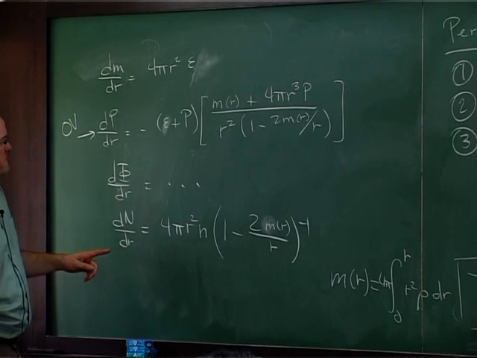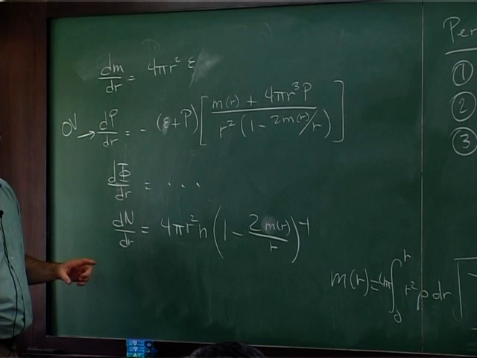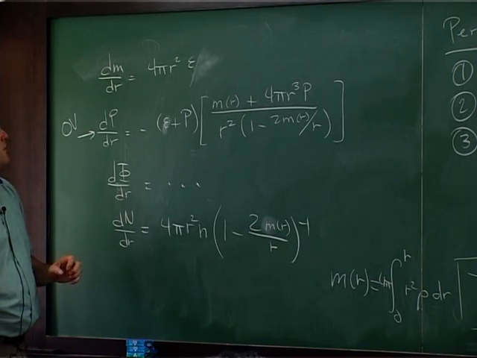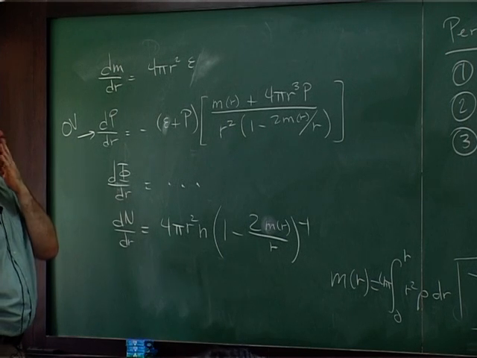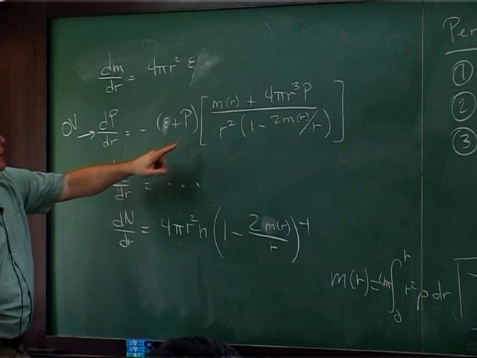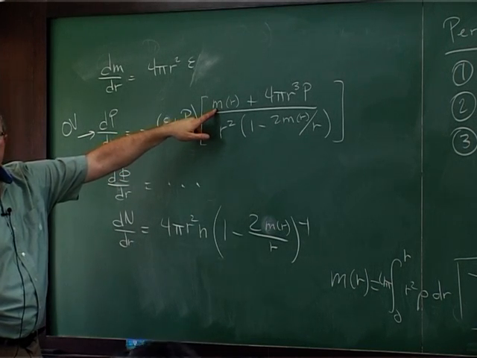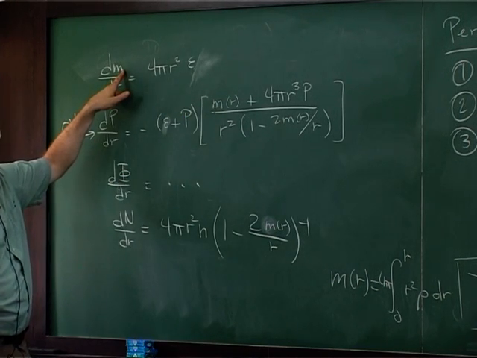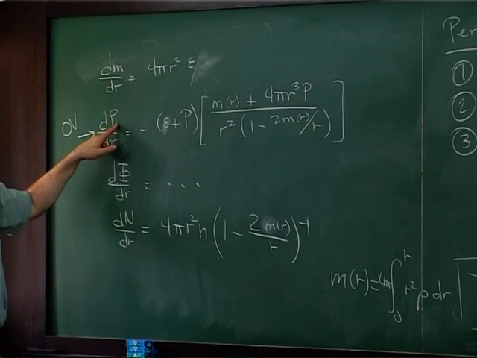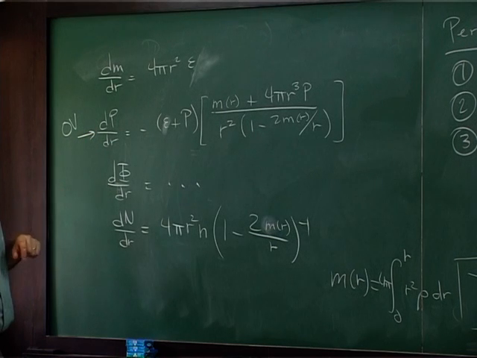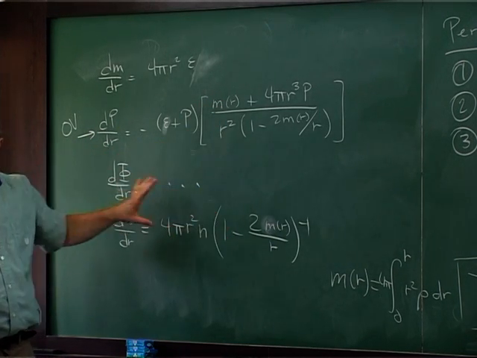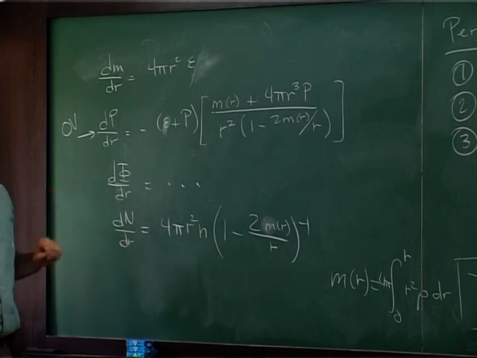Are we assuming that energy density is constant over the entire star? No, no, it will vary. I have an equation for m, so when I see m on the right-hand side, I have an equation that tells me how m changes with r. I've also got an equation for p that tells me how p varies with r. Phi doesn't appear on the right-hand side anywhere here, which is why people often don't bother writing it down.